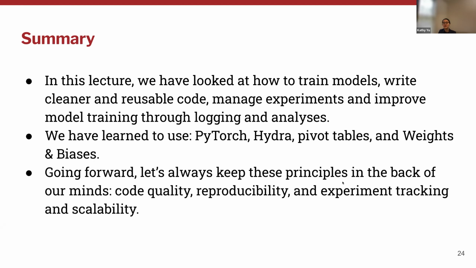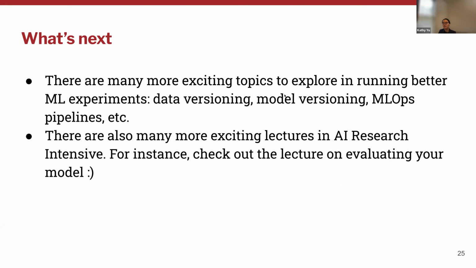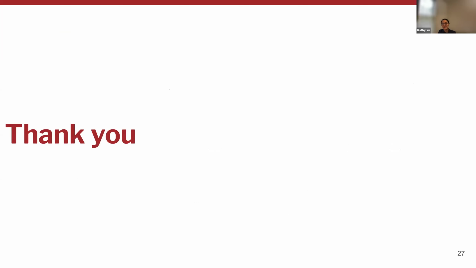And also going forward, let's always keep these principles in the back of our mind, maintaining good code quality, reproducibility, as well as being mindful of tracking your experiments and scaling your experiments. And there are also many other exciting topics to explore in this. So for instance, data versioning and model versioning. And also for the AI research intensive, there are many other exciting topics that you can explore. So here are the references to this lecture. And thank you so much for coming to the session today.